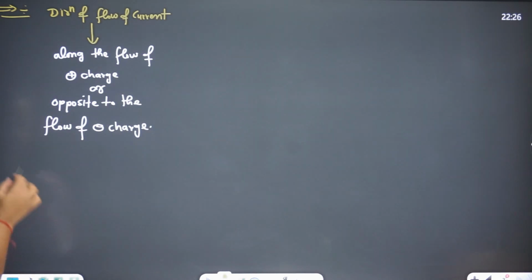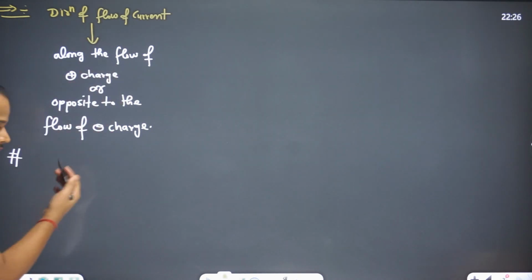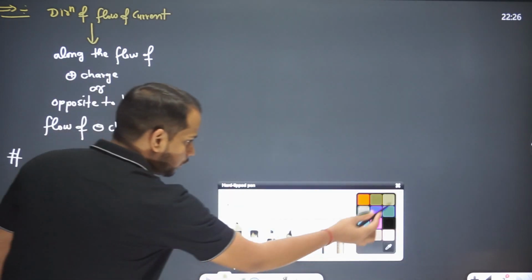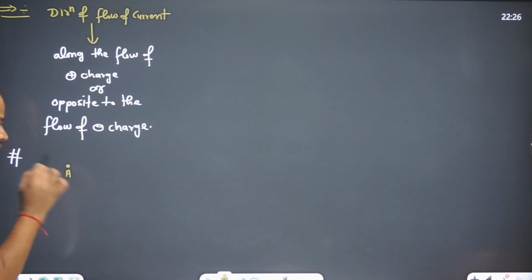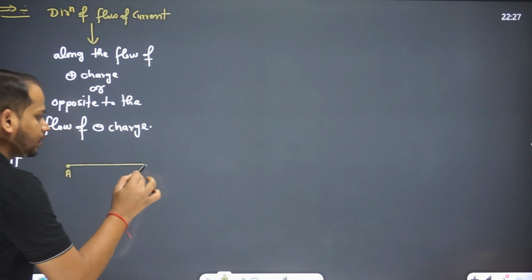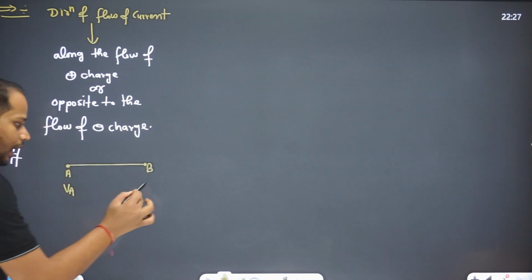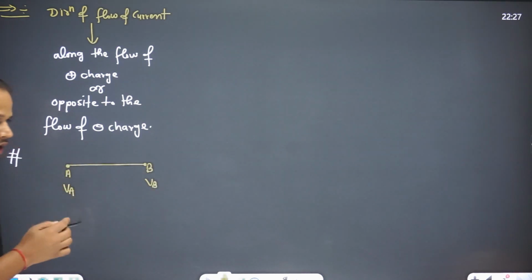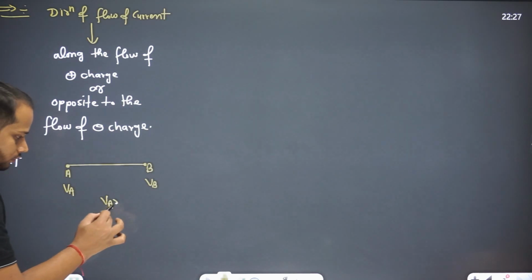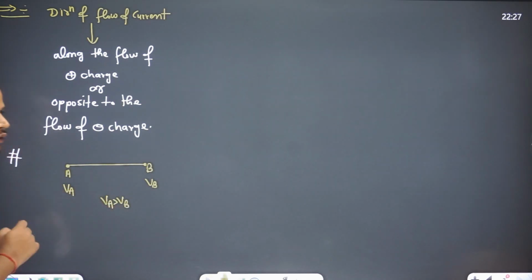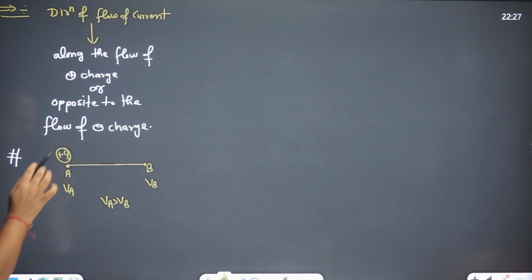Now, if it is along the flow of positive charge, or opposite to the flow of negative charge, we also know one thing. Say this is point A and this is point B. The potential of this point is VA and the potential of this point is VB. We have already discussed potential. If VA is greater than VB and we place a positive charge here, where will it move?